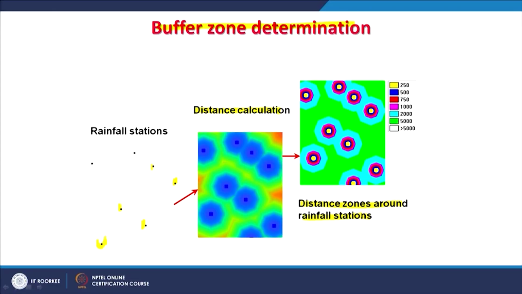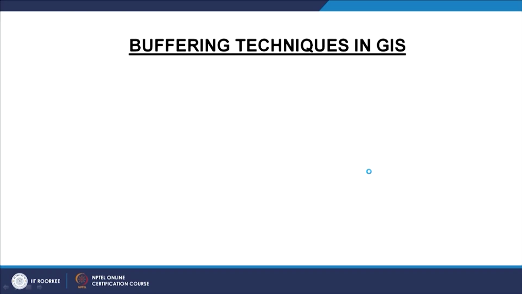It is expected that the rainfall value would be more reliable closer to the station, but as I go away from the station, that certainty is not there, but still I can generate buffers like this. So, for different kinds of analysis, buffers can be generated quite easily on a GIS platform.